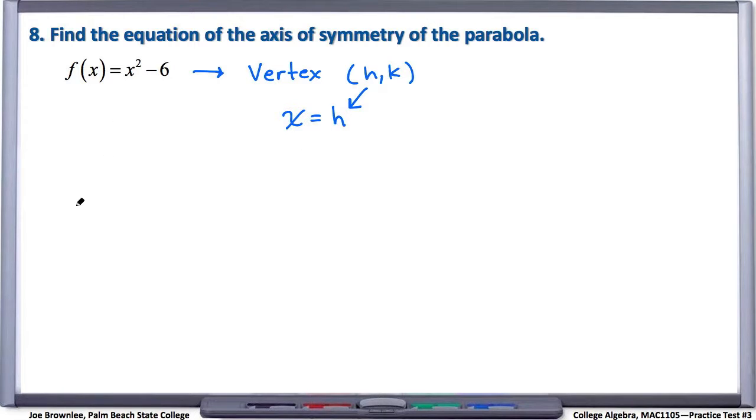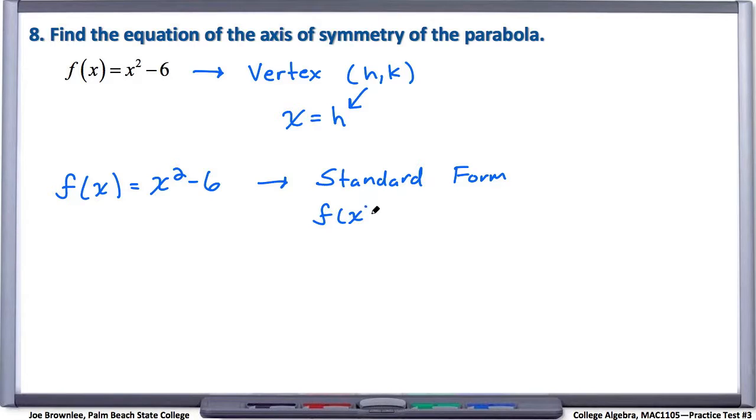All right, so let's take a look at our given equation, f of x equals x squared minus 6. We can look at this given equation as being in standard form. You'll recall that standard form is defined generally as f of x equals ax squared plus bx plus c.